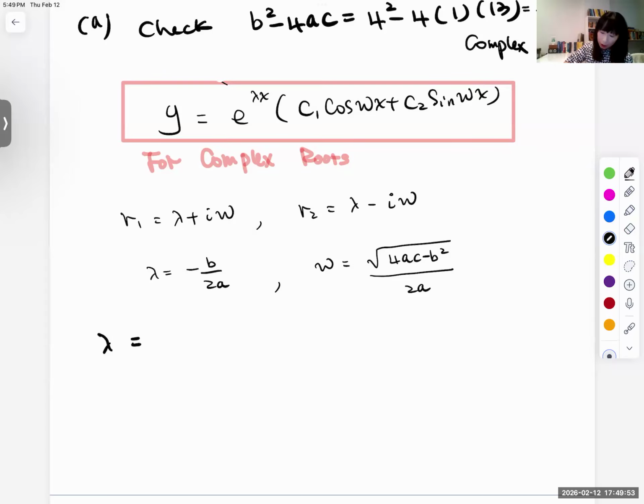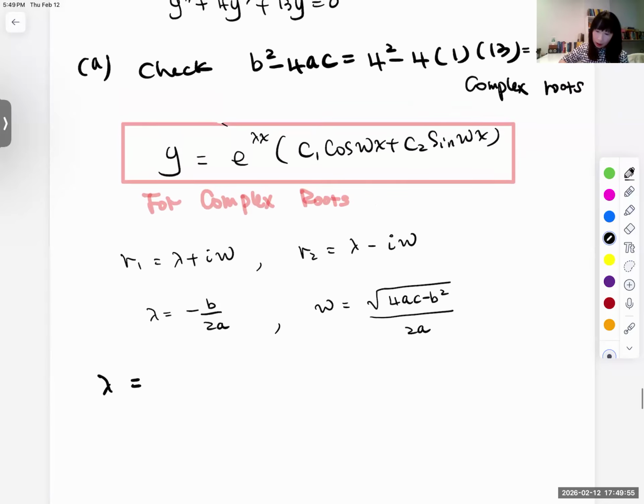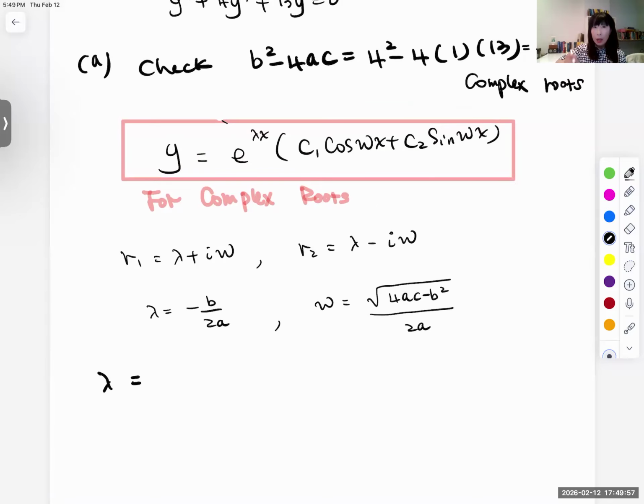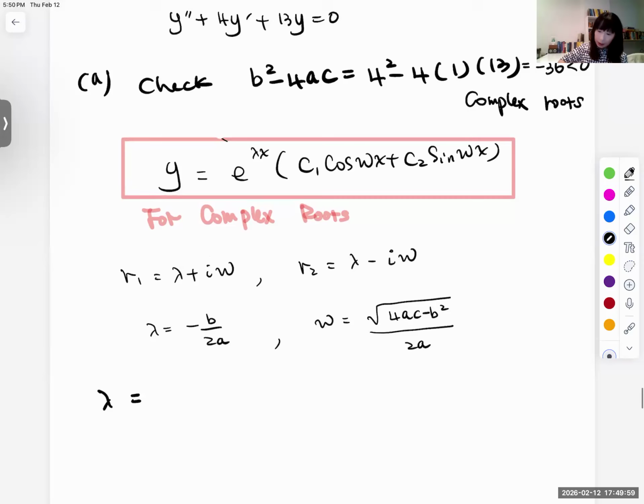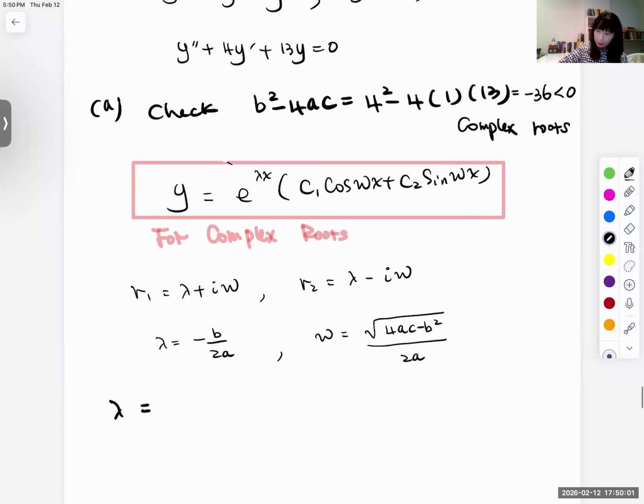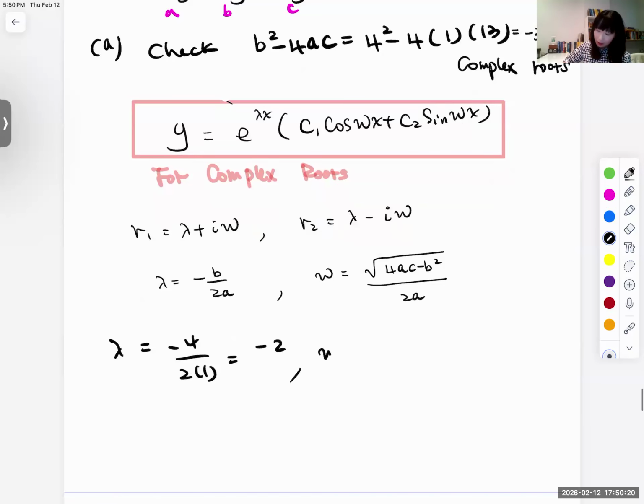So lambda equals negative b over 2a. With a, b, c, we get negative b, which is negative 4, over 2a, so negative 4 over 2. No, 2, right? Okay, how about omega?